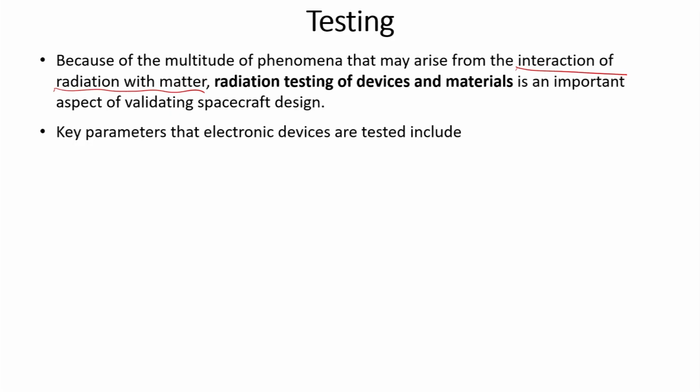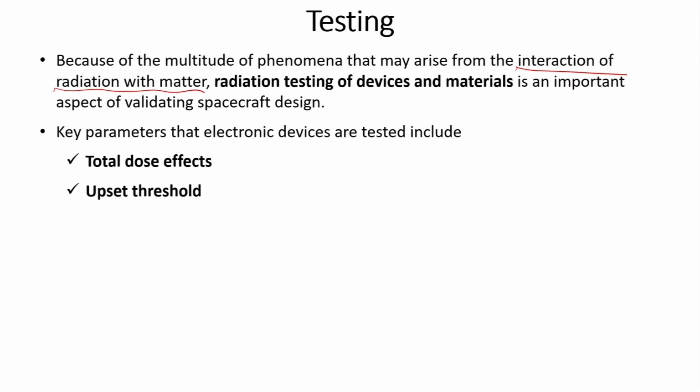So, the key parameters for which electronic devices are tested include total dose effects, which we have already seen, then the upset threshold.